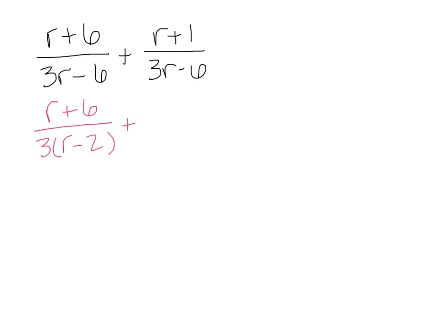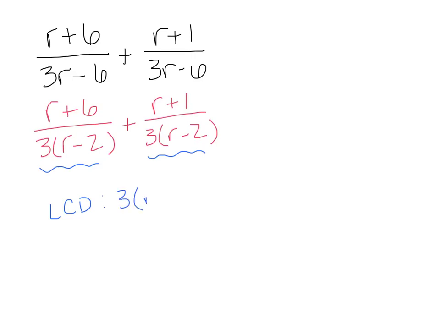I'm going to add that to r plus 1 over 3 times r minus 2. Now if we look at those two denominators, they're actually already common denominators. They both have a factor of 3, and they both have a factor of r minus 2. So the least common denominator between the two of them is 3 and r minus 2. I'm good to go. I can add these fractions together.